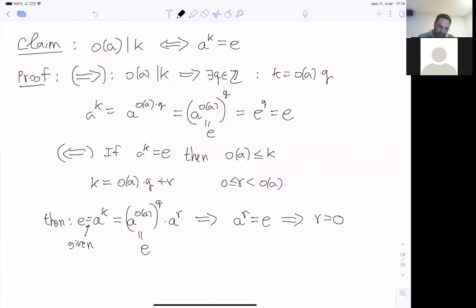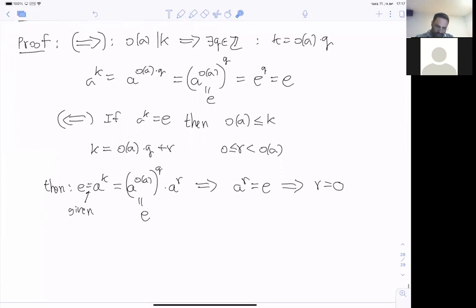Because if not, you get a smaller number which takes you back to E. By the way, it doesn't matter if it's plus R or minus R. So this means that OA actually divides K because there is no residue.